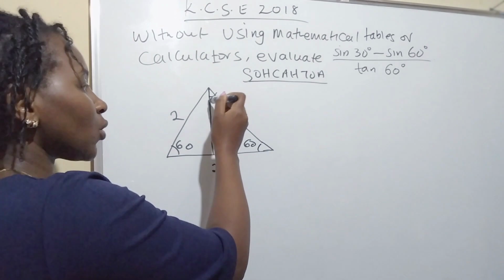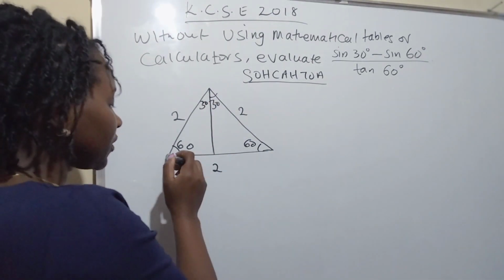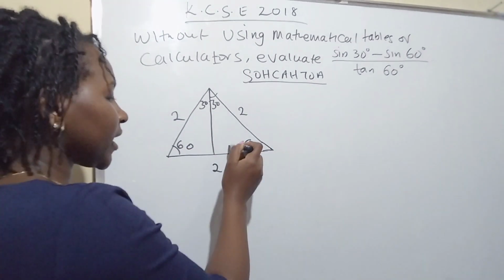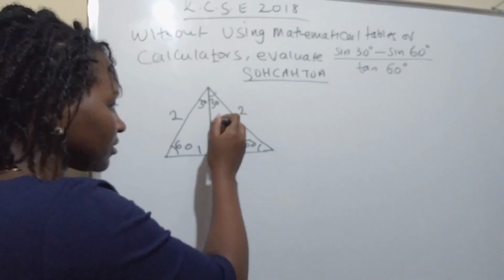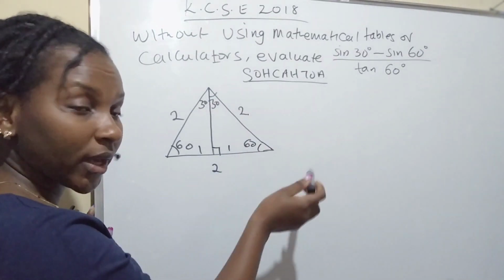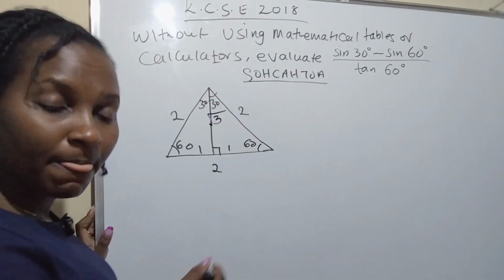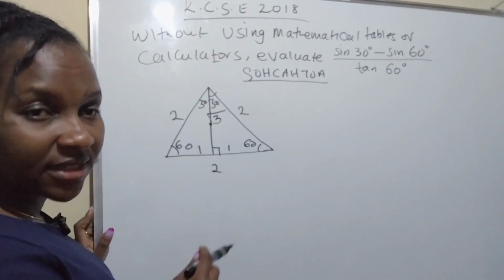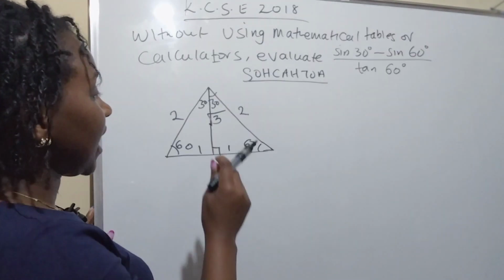We have angle 30 and angle 30. So this part here is 2, so we can have side 1, 1, a total of 2, and the height from the Pythagoras theorem, 2 squared minus 1 squared, we get root 3, and that is the height. And this is type 2 of our triangle.